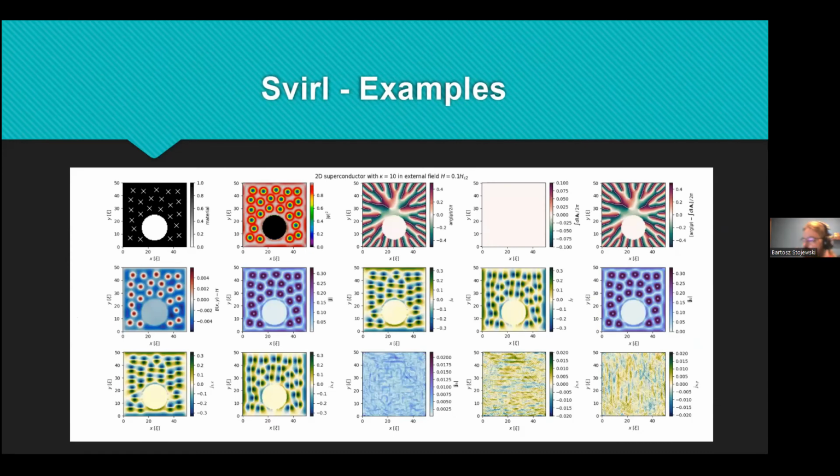Another example demonstrates the capabilities of building a plotter. Those were the examples provided by the creator of Svirl, and they show good capabilities for custom usage. If you know Python and you are interested in Ginzburg-Landau theory, then this might be a good starting point for you.